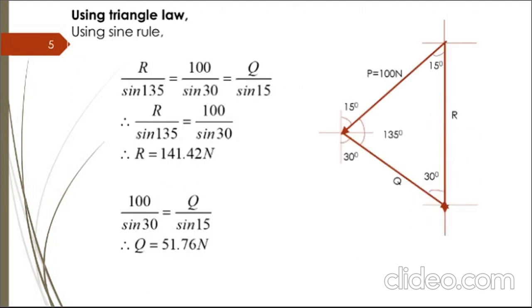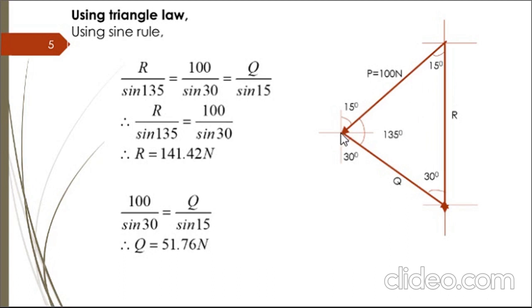Now solving the same problem by using the triangle law, which says that the two forces P and Q represent two sides of a triangle drawn in order. So considering P acting downward, making an angle of 15 degrees with respect to vertical.